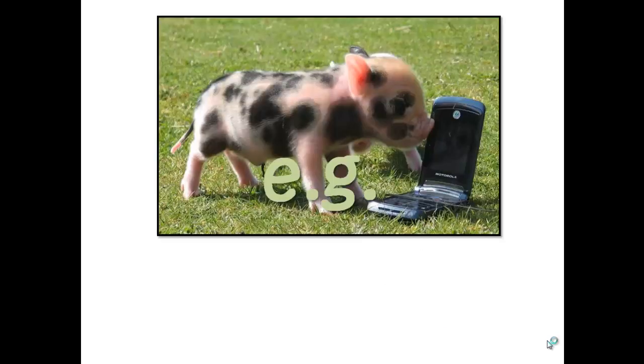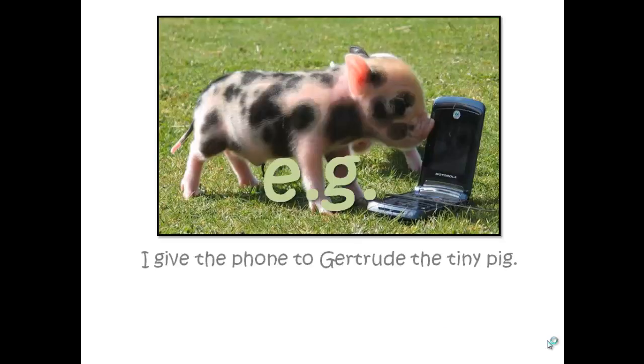Okay, so let's look at it in context. So let's have a nice example. So I give the phone to Gertrude the tiny pig. I've broken it down into different colours here, and each different colour shows what each different part of the sentence is doing. So I give is a verb because it's a doing word.